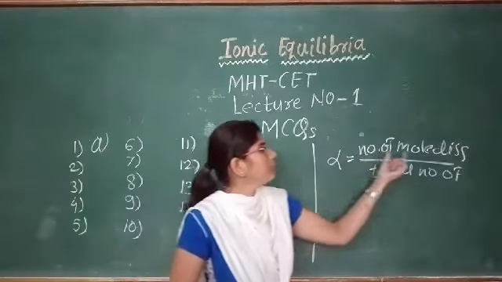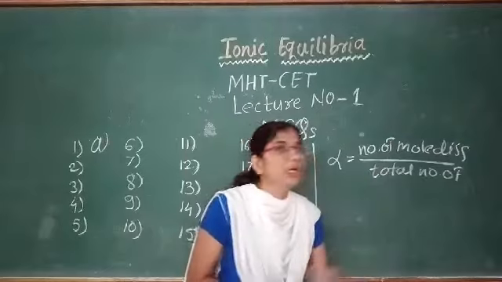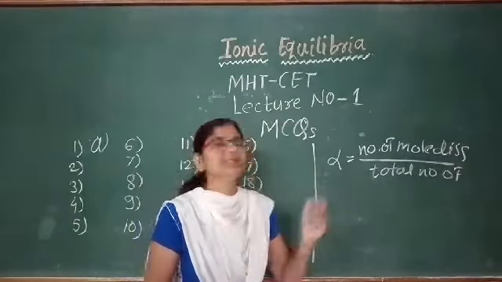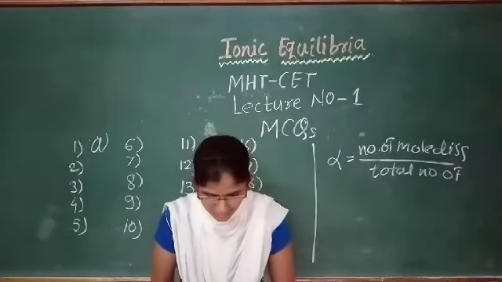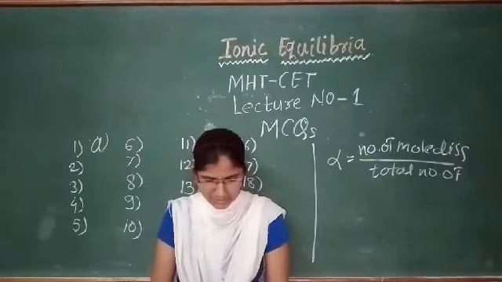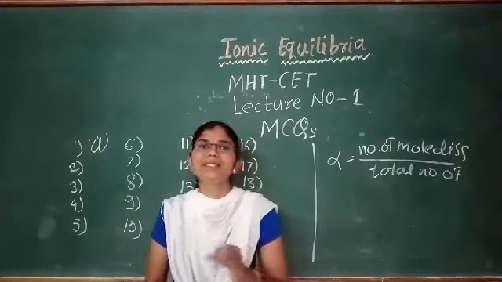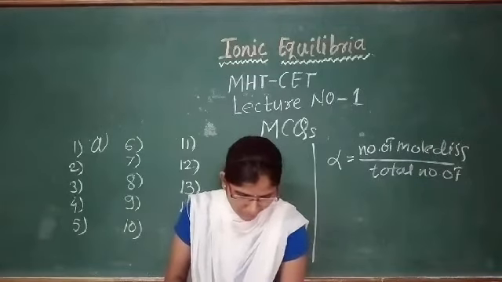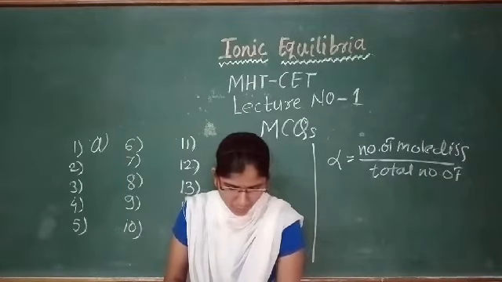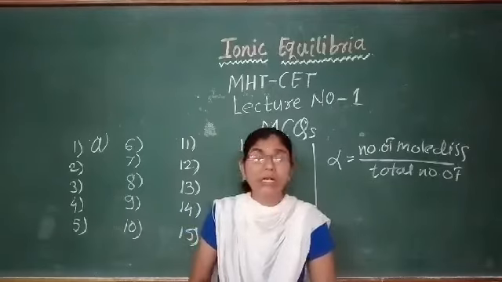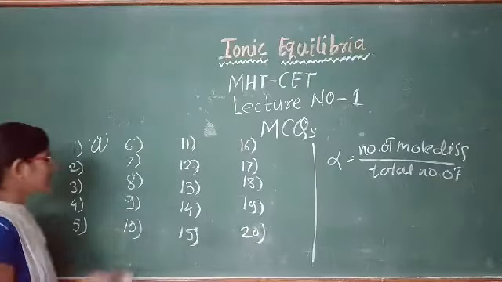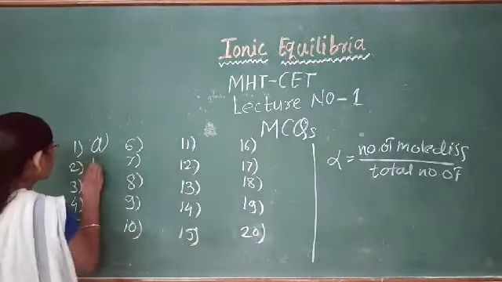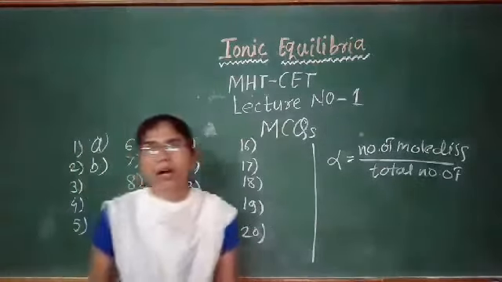Therefore, among the four options A, B, C, D, the B option, alpha equal to number of moles dissociated to the total number of moles, is correct. So the correct option for the second question is option B.